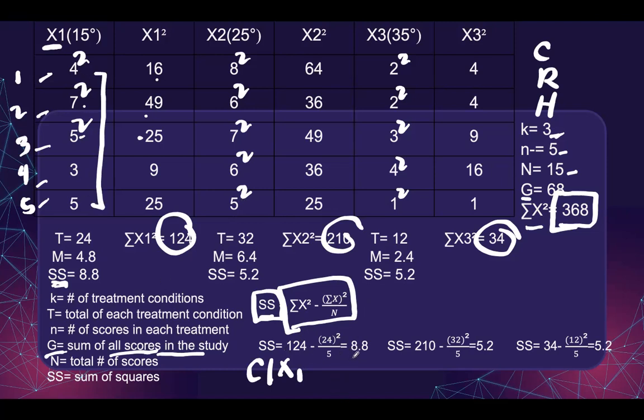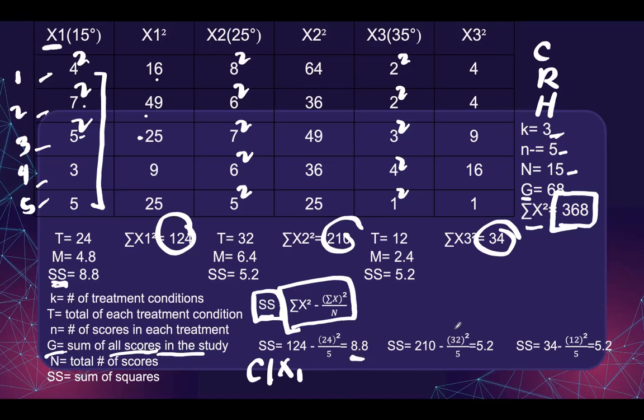So we will get 8.8. Isn't it, 24 times 24, we will get 576 divided by 5, 115.2, you subtract that from 124, so we will get 8.8.